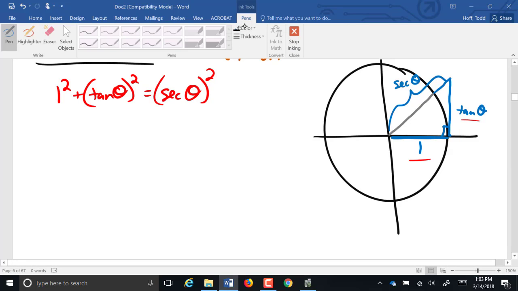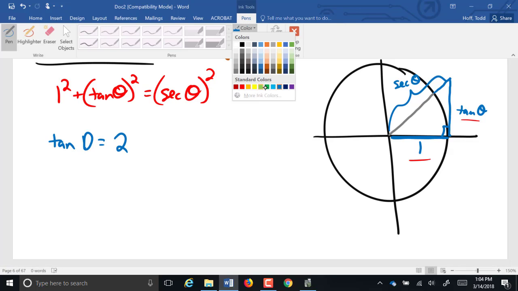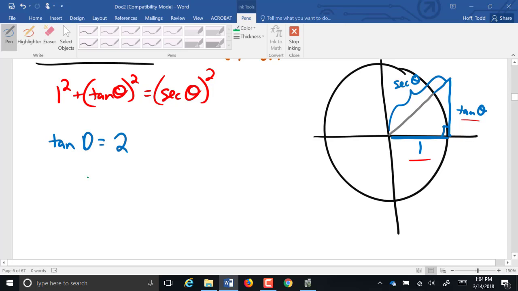So if I were to tell you the tangent of angle, we won't go with C because that usually is representing a right angle. Tangent of angle D equals 2. I can find the secant. The secant, I would just square root both sides.